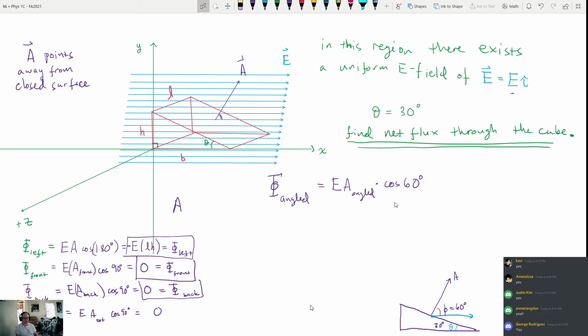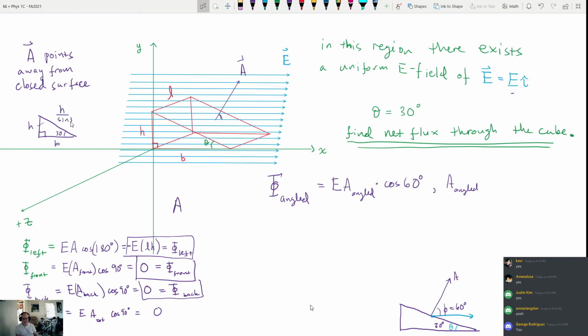Now, what is the area of the angled portion going to be? Well, it's a little bit tricky, because we didn't define how long this line is right here. But what I would argue is that the length of the slanted side here, if I have a right triangle where this is a 90-degree angle and this angle right here is 30 degrees, and this side is h and this side is b, then this side over here is going to be h divided by the sine of 30.